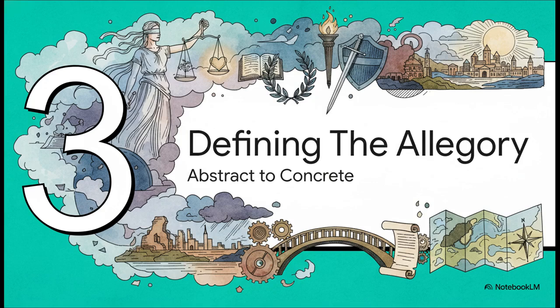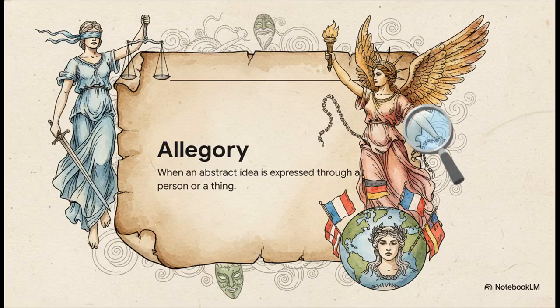All right, Section 3, Defining the Allegory. Now, before we look closely at the specific faces given to France and Germany, we need to pause and define a crucial piece of artistic vocabulary: allegory. An allegory is when an abstract idea, like greed, envy, freedom, liberty, or in our case, a whole nation, is expressed through a person or a thing.